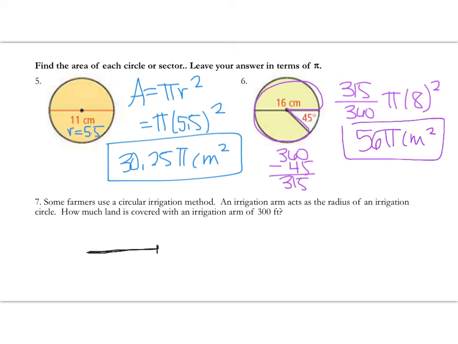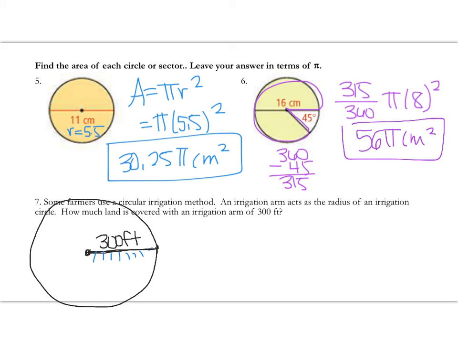It's going to spray out water over a section. As it sprays out water, it's going to travel in a circle around the field. So it's going to make a big, huge circle here. And it's going to be able to cover all of that space as it rotates. It's going to get covered with that water that's spraying out. And they're telling you the arm length is 300 feet. They want to know how much of the land is covered.